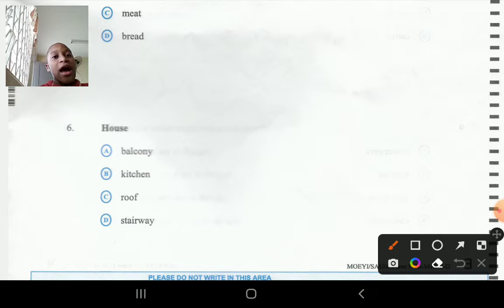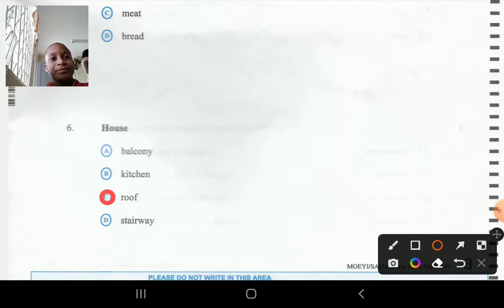I have a kitchen, but that's not necessary for a house. A house needs a roof, because a house is shelter. Shelter from what? From the outside, and sometimes even the rain. So, let's go. Roof.